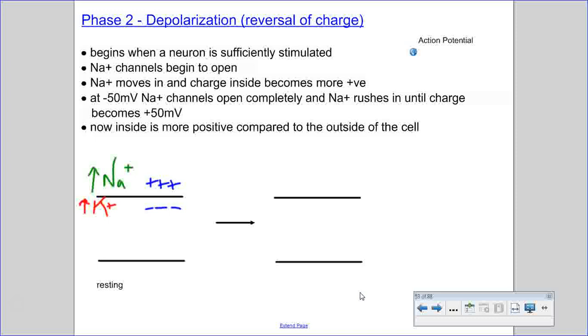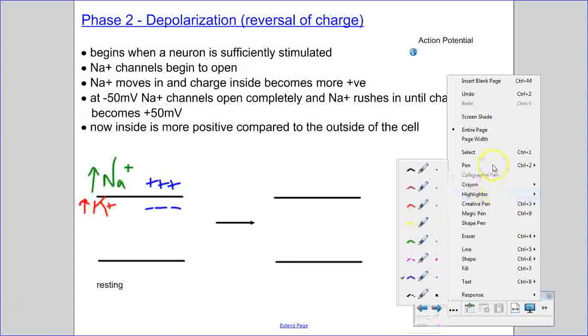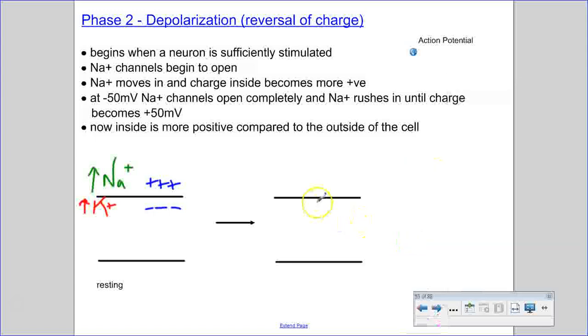So the sodium starts to leak in. We can show this on here like this. Once it has leaked in a certain amount and made the inside of the membrane more positive, once it goes from -70 to -50, then the channels all open really wide and let the sodium rush in. So it changes the charge.